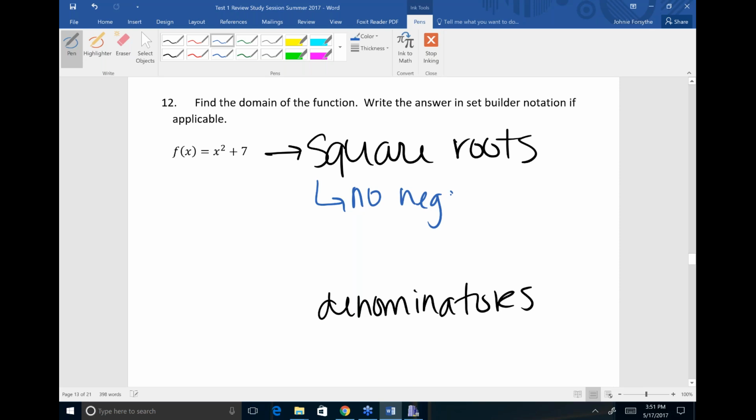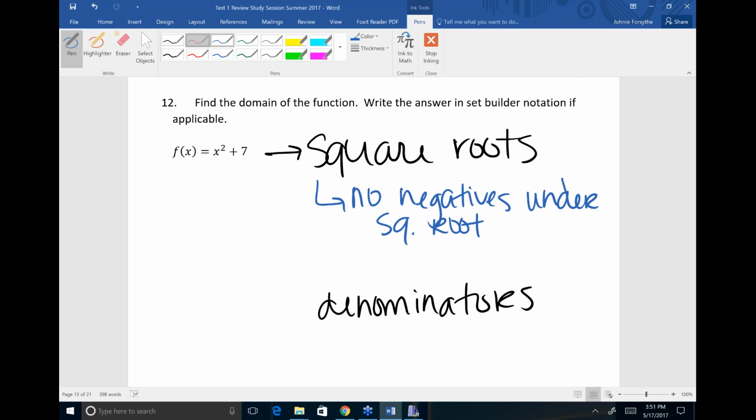If you have a square root, you want to set what's under the square root greater than or equal to 0 to figure out what your domain would be.